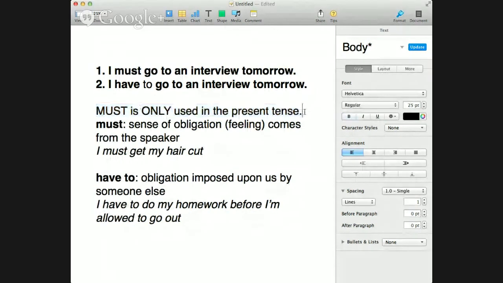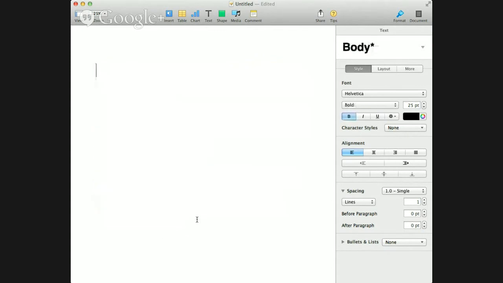So you can only use it for the present, which is important to remember because I'm going to give you some little activities now. What I want you to do is to fill in the missing word with the correct form of either must or have to. So I'm going to write these out. While I'm writing, just have a read through and see if you can figure them out for when I ask you. And have a little think about it.